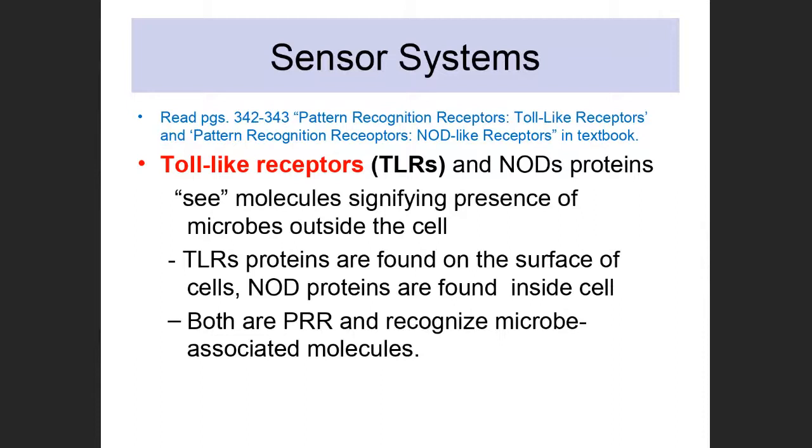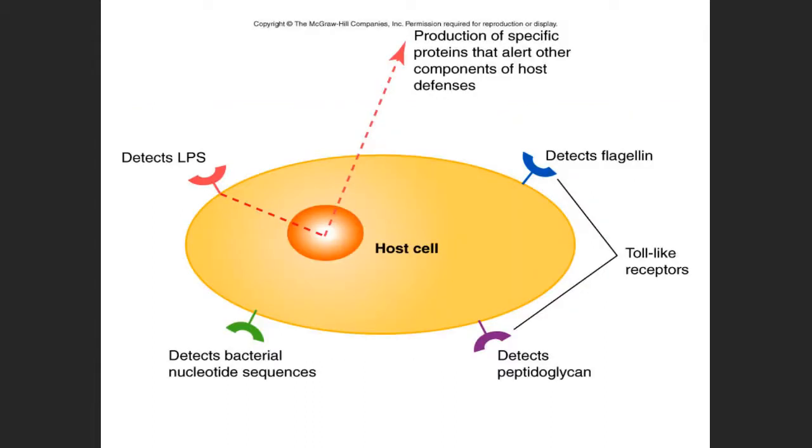Toll-like receptors are these sensor systems that alert other parts of the immune system to the presence of an infectious agent. So this is a picture of toll-like receptors, as we talked about.